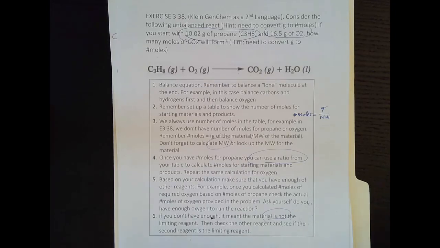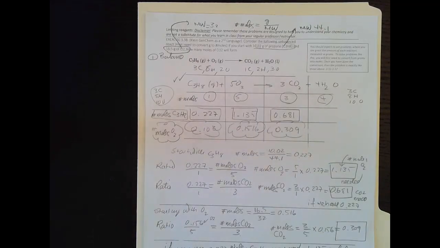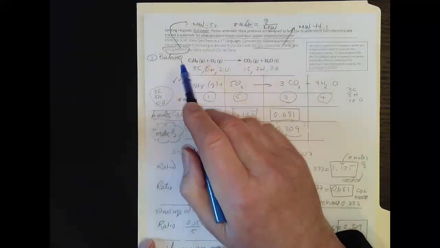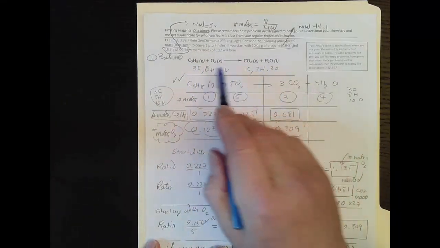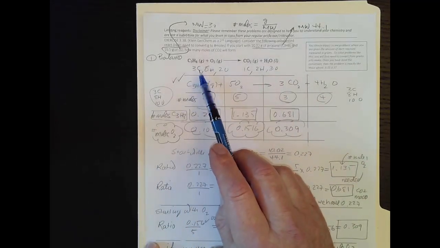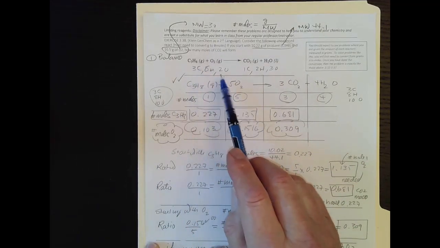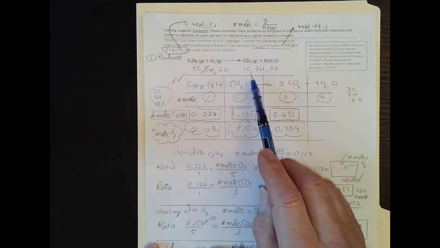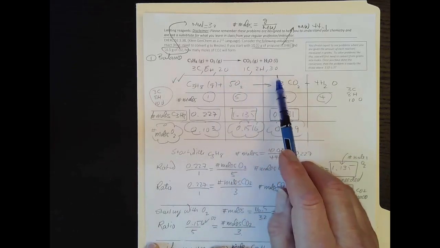The easiest thing is to look at the same problem, a little bit smaller, because I want to put everything on the same page. So again, we have an unbalanced reaction. Remember, we need to balance it. We have 3 carbons, 8 hydrogen and 2 oxygen on the left side, and 1 carbon, 2 hydrogen and 3 oxygen on the right side.